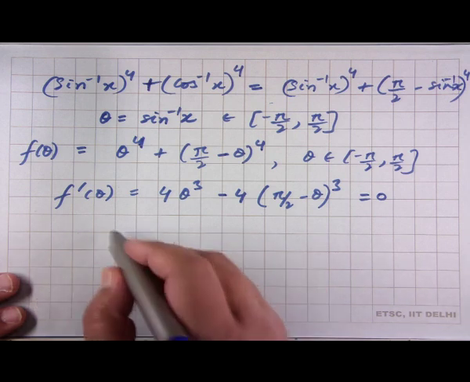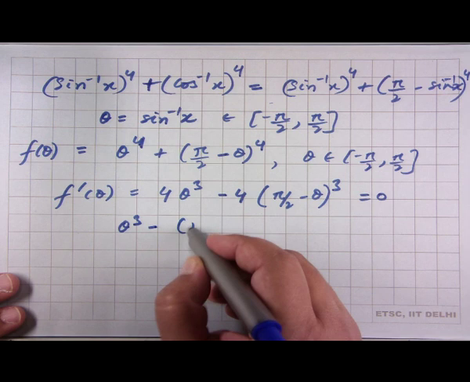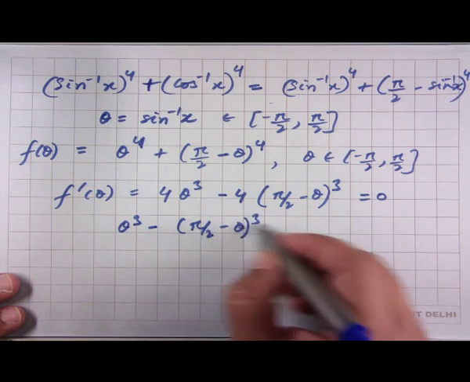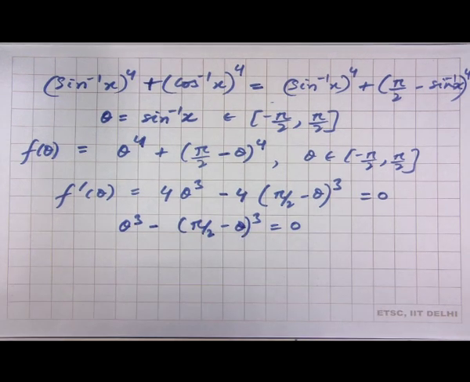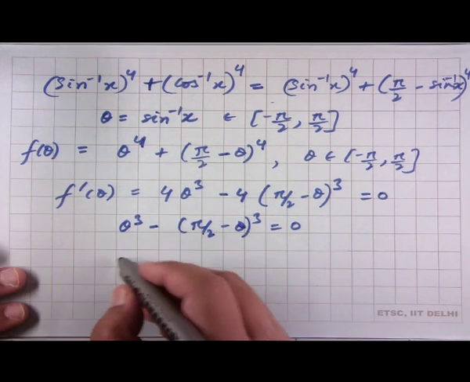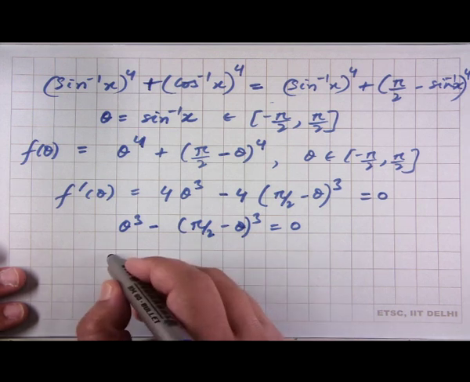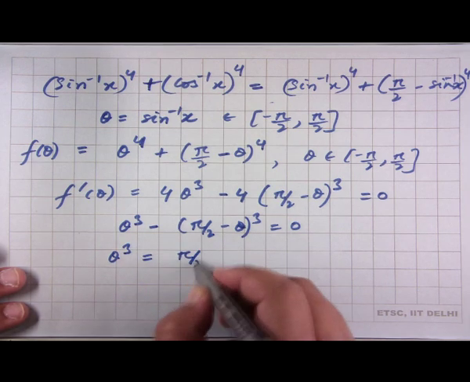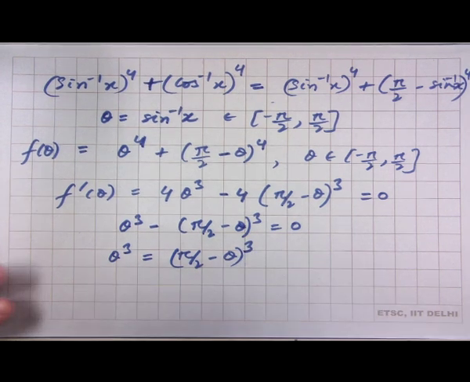So, then the equation that we get is theta cube minus pi by 2 minus theta cube equals 0, or in other words theta cube is equal to pi by 2 minus theta cube.